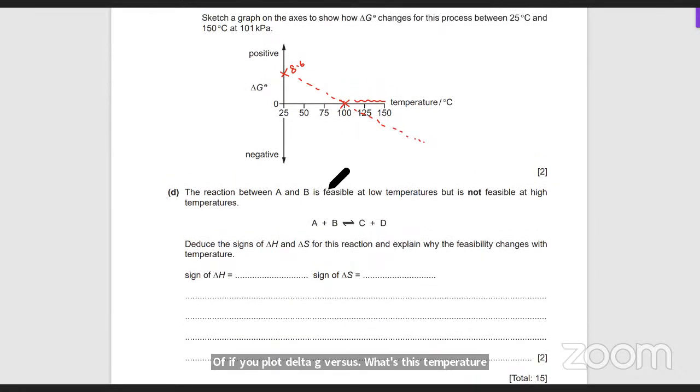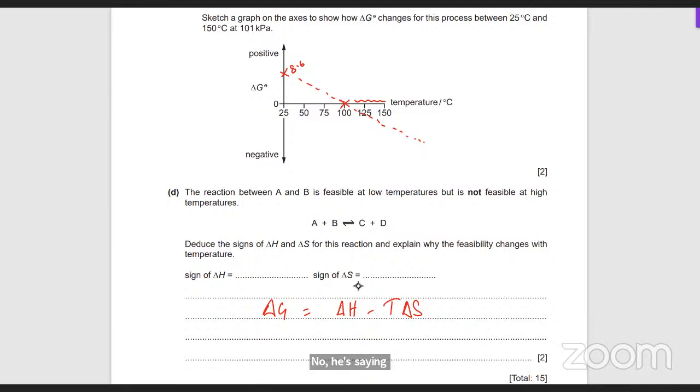And then: the reaction between A and B is feasible at low temperature but is not feasible at high temperatures. So you have to figure out the delta H and delta S signs. Delta G is equal to delta H minus T delta S. He's saying it's feasible at low temperatures.